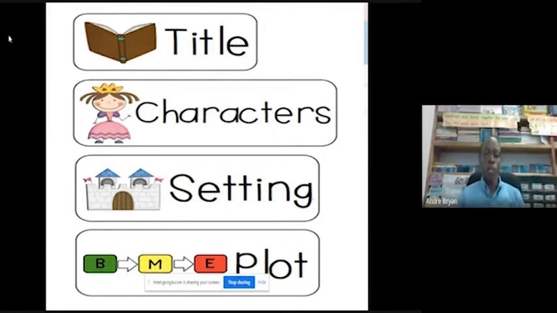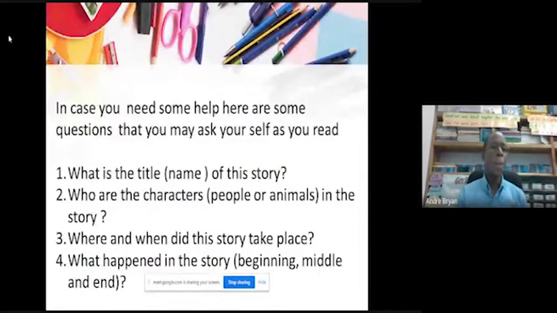Okay, so let's go. Now, we are about to read a story, but before you can read the story, I want you to ask yourself some questions that can help you to identify the parts of a story. The first question that you will want to ask yourself is, what is the title or name of this story?